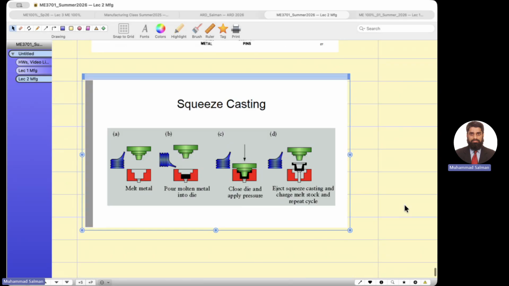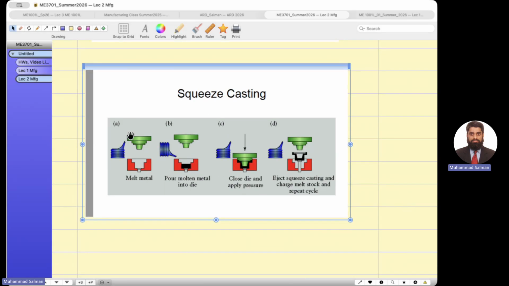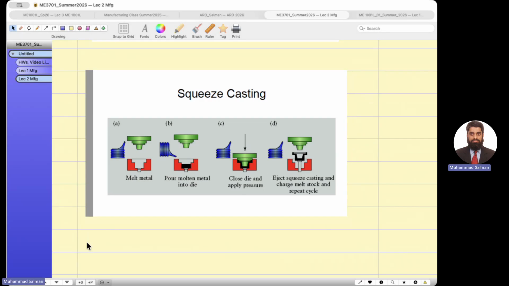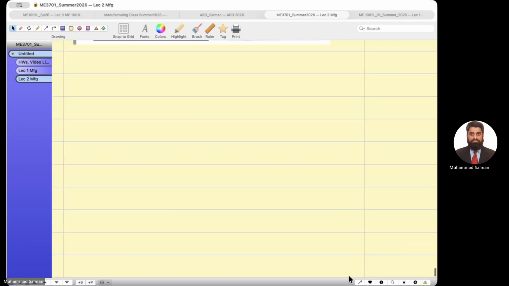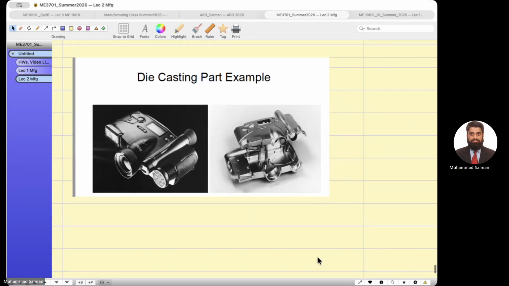They are all casting types: squeeze casting, die casting part like camera. You see, the molten plastic is injected into the die. Difficult shapes of plastic are made inside the casting process. We call it a die casting.